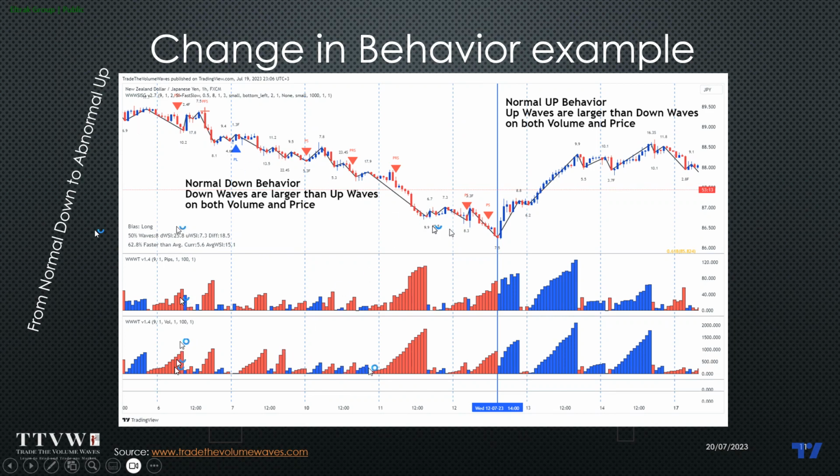The blue waves, which are the up waves, are the smaller ones, okay? Then from this behavior, without having something abnormal, we are changing to a normal up behavior. So from red, we're going to blue. So from normal down to normal up. Okay.